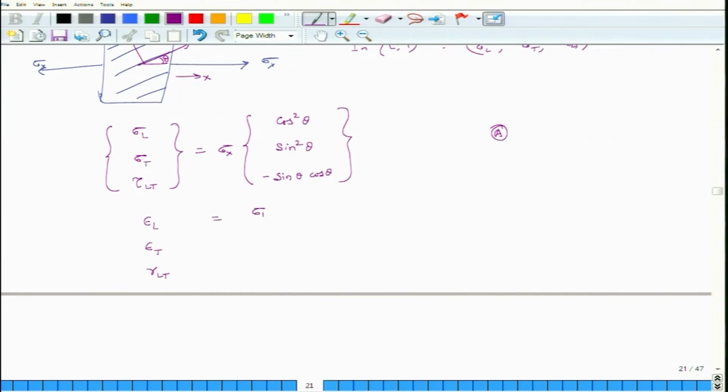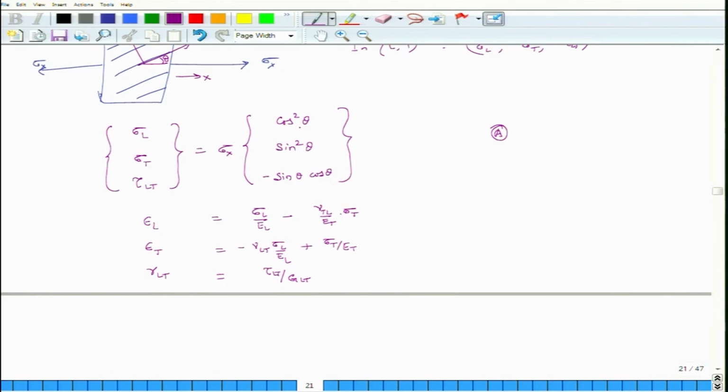It is sigma L over EL minus nu TL over ET times sigma t, and this is equal to sigma t over ET, and here we have the Poisson effect minus nu LT sigma L over EL, and here we have, so this is plus, and here we have tau LT divided by GLT. Okay. So, these are the relations we have already developed, and what is sigma L?